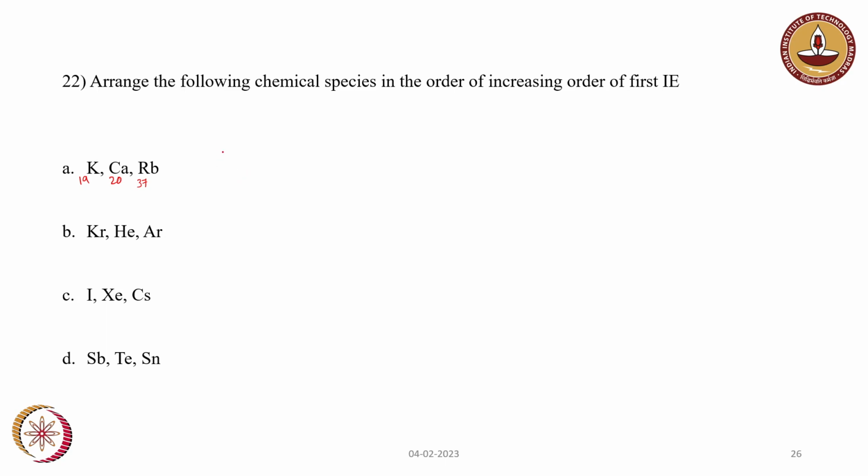In the periodic table, potassium and rubidium are in the same group, and potassium and calcium are in the same period. So when we move from left to right in a period, ionization energy increases, and when we move down the group, it decreases.